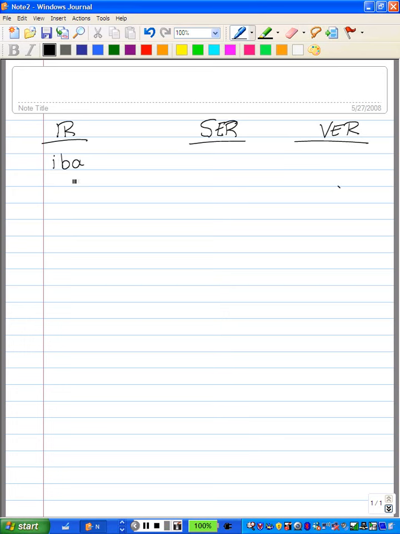This verb is going to be iba, ibas, iba, íbamos, and iban. Now that is I went, you went, he or she went, we went, and they went.